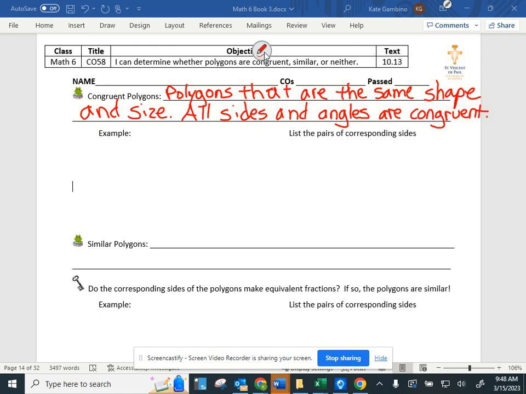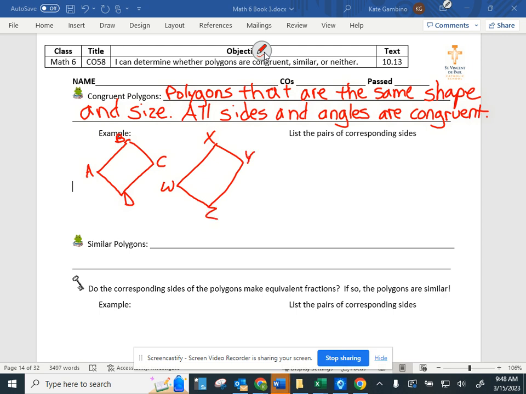So here would be an example. If we had A, B, C, and D, and over here I have W, X, Y, and Z.